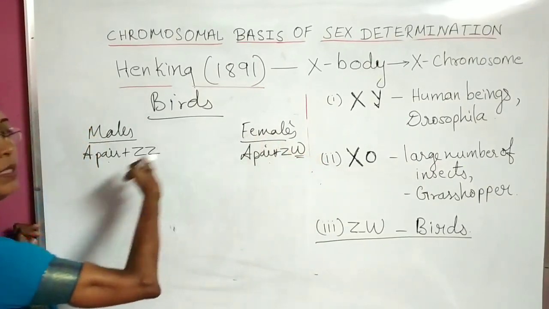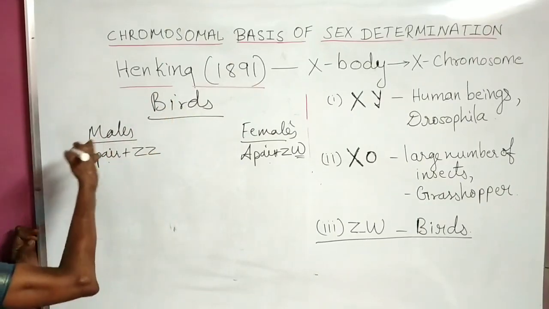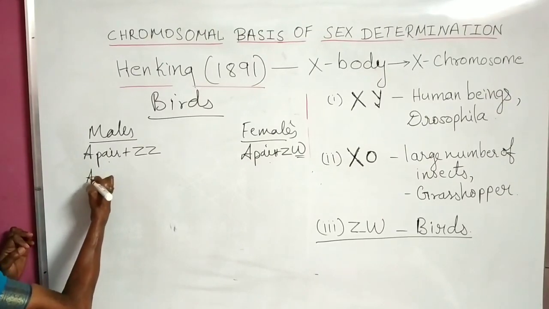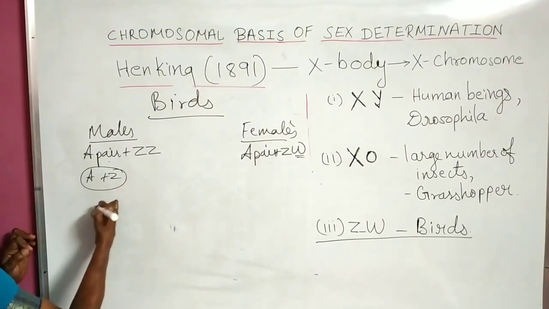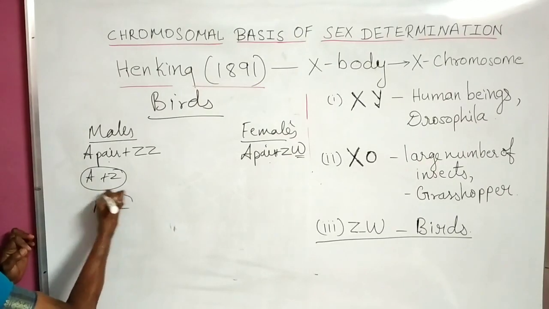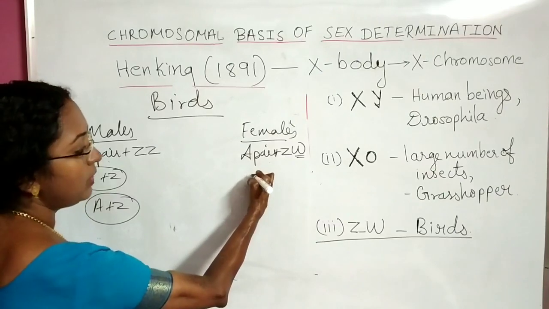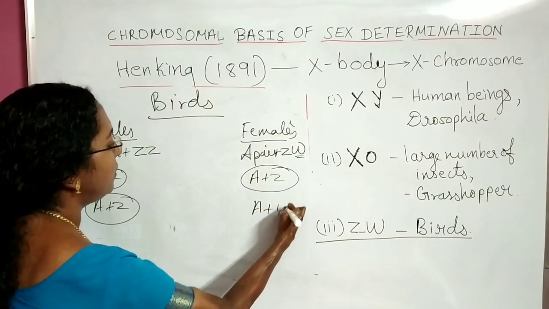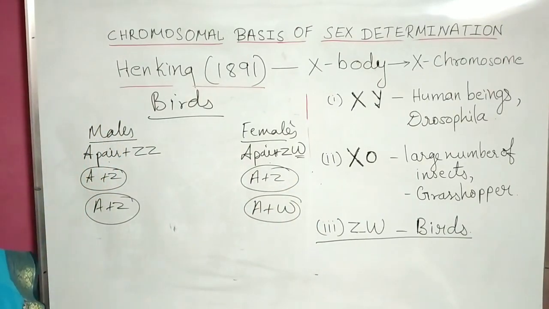This is what determines the sex in the case of birds, whether it is going to be male or female. So if it is male, what will it produce? The gamete will have autosome plus Z. Again, another gamete will also have autosome plus Z. So 2 similar gametes are produced. Females will have autosome plus Z and autosome plus W. So here females are producing gametes which are different.